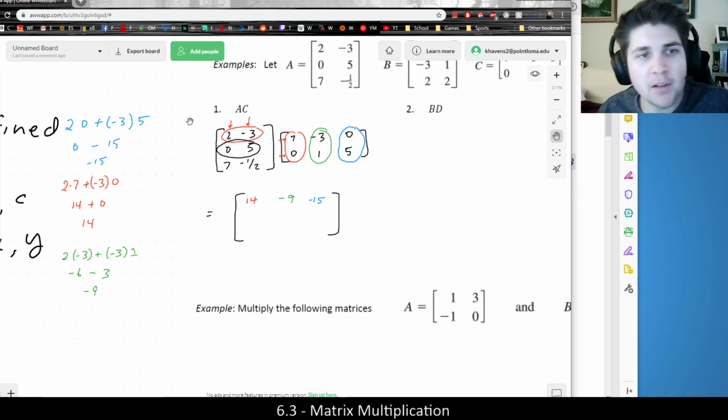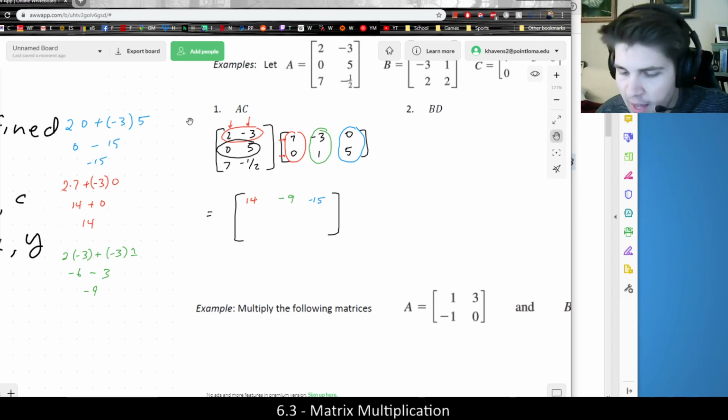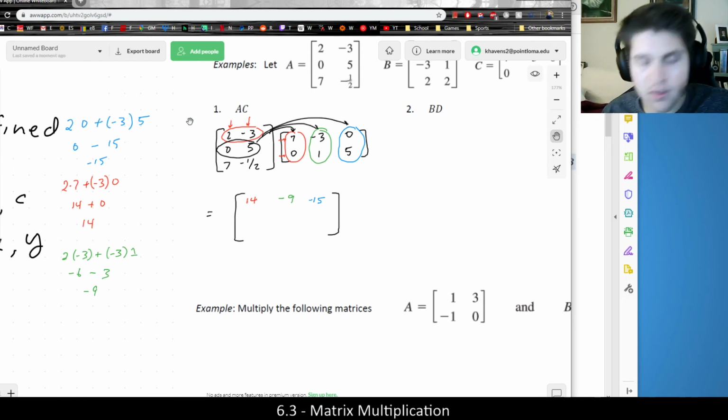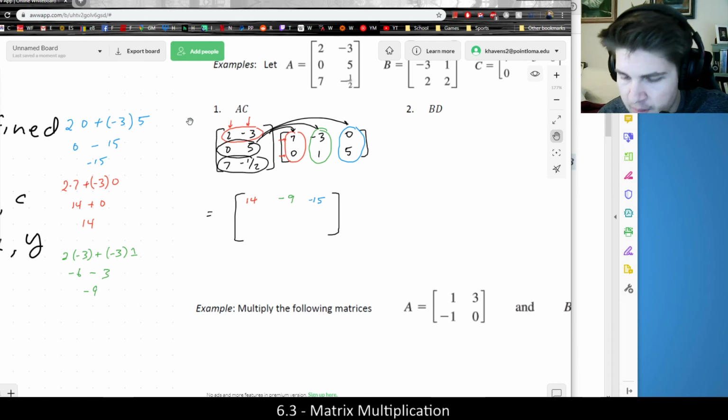So I'm going to speed it up a little bit, but doing the same process. I would take the inner product of that row into that column, then that column, then that column. And then I'd move along to the third row and do the same thing, inner product, inner product, inner product, working my way all the way through.